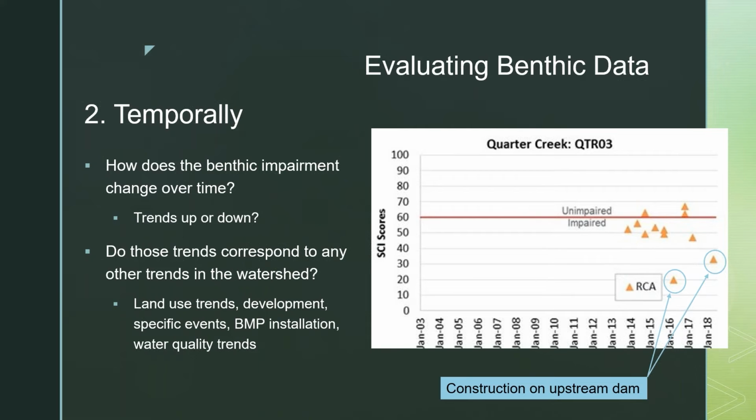There was exposed sediment for months on end, and a number of storm events during that time period that really flushed a lot of sediment out of this reservoir while they were doing construction on the dam and the outlet structure. That showed up in our benthic data, and we saw really low benthic scores at those times from what we know was a sediment stressor.